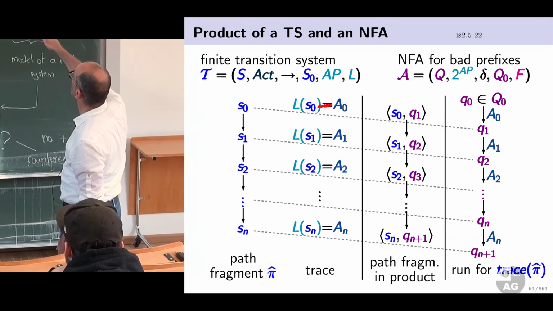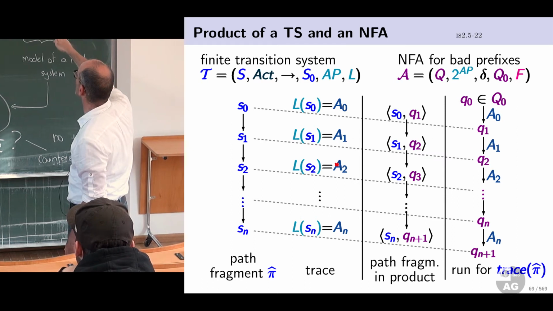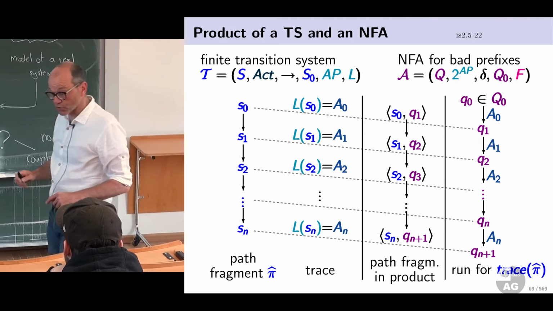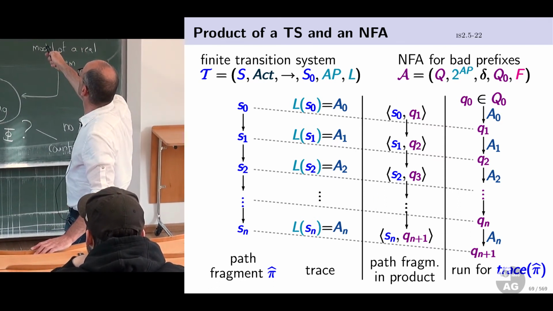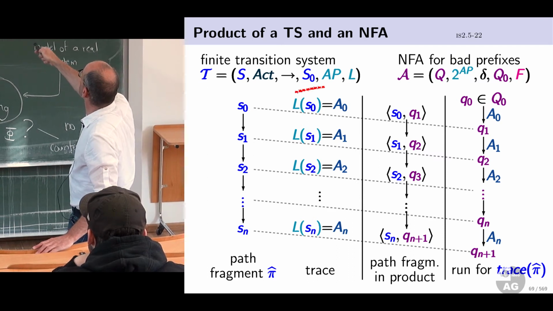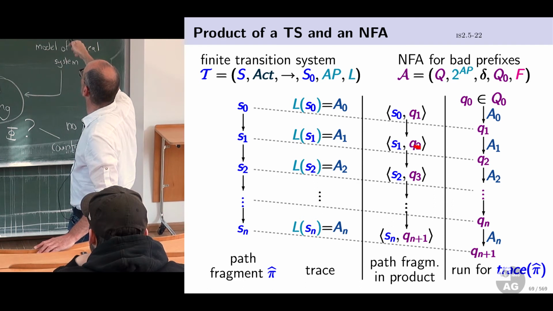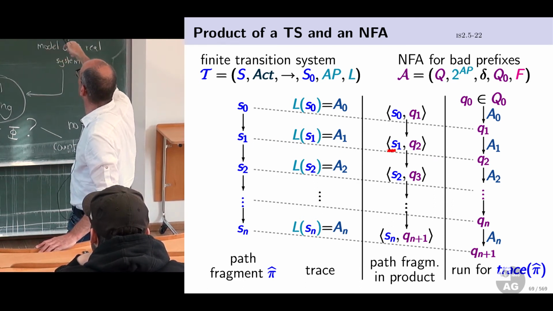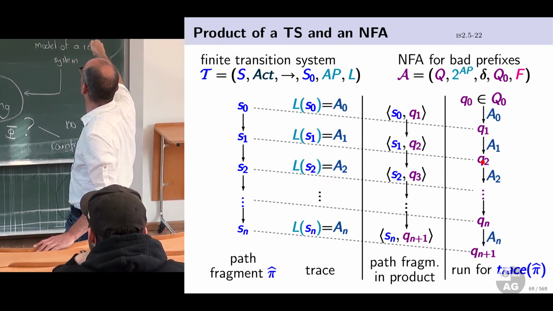Basically here you see this A0 is consumed here, this A1 is consumed there, this A2 is consumed there, etc. In my product construction, what I'm going to do is what is represented in the middle. I'm going to build pairs, but I'm not going to build a pair with S0, Q0, but with S0, Q1. Then with S1, Q2, etc., to be able to represent that those two states indicated with the dashed line, this state in my transition system, this state in the automaton, belong together.